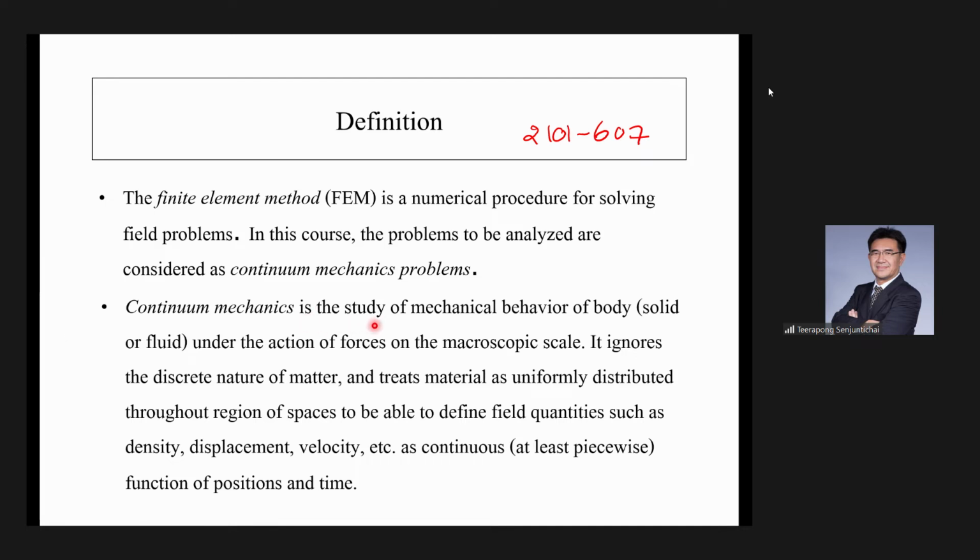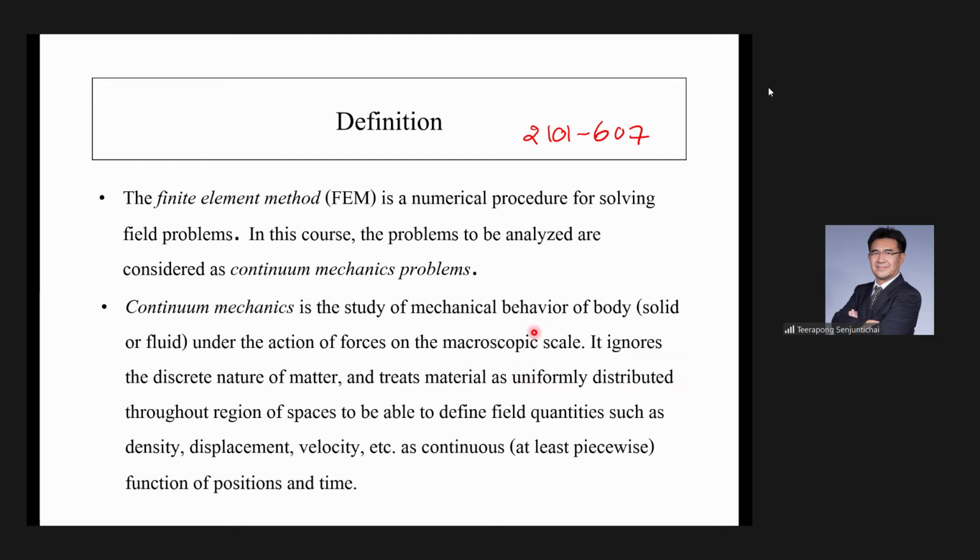So solid mechanics is the study of the mechanical behavior of a body, solid or fluid, even though in our case it would focus only on solid, under the action of forces on the macroscopic scale.